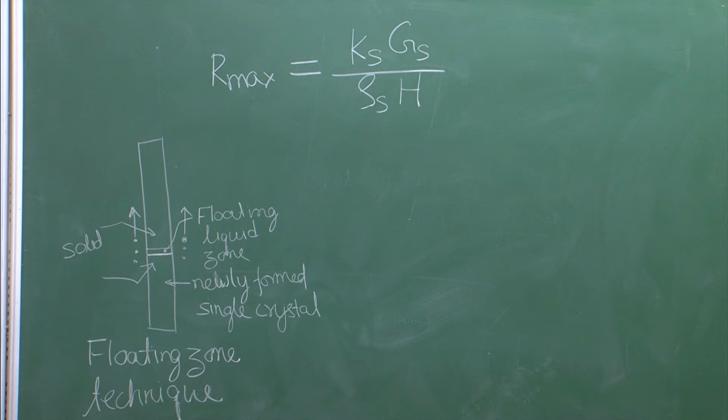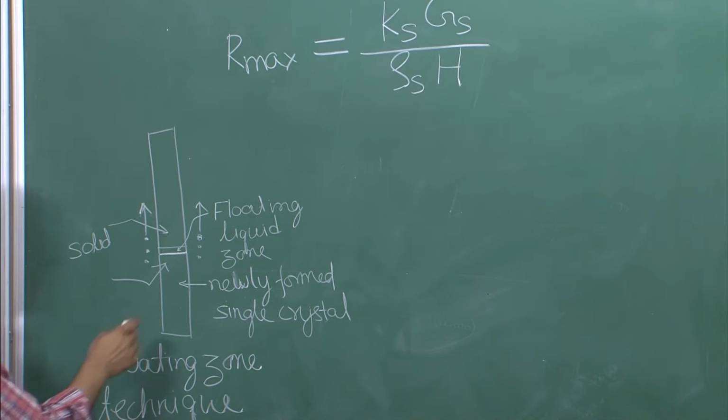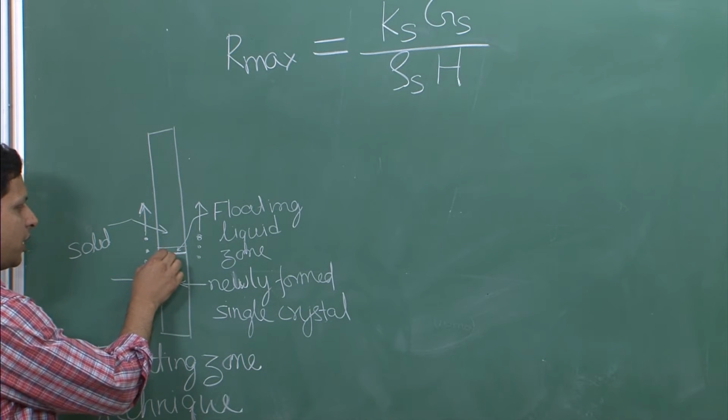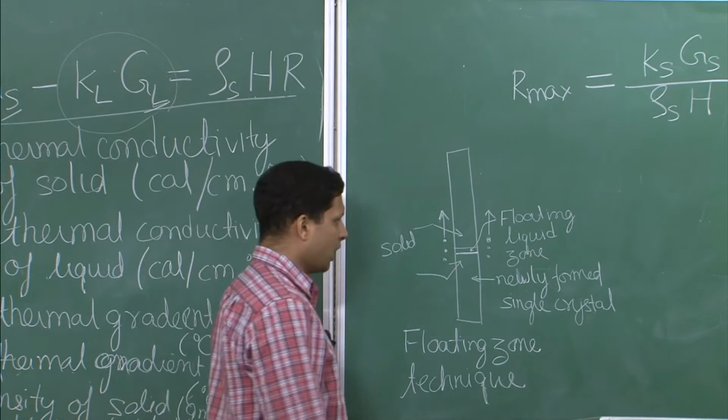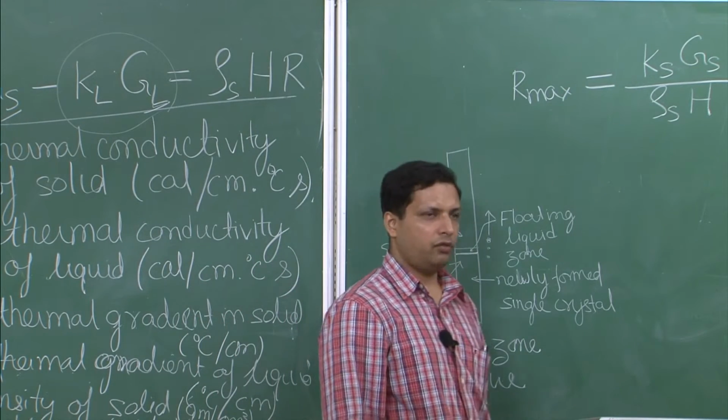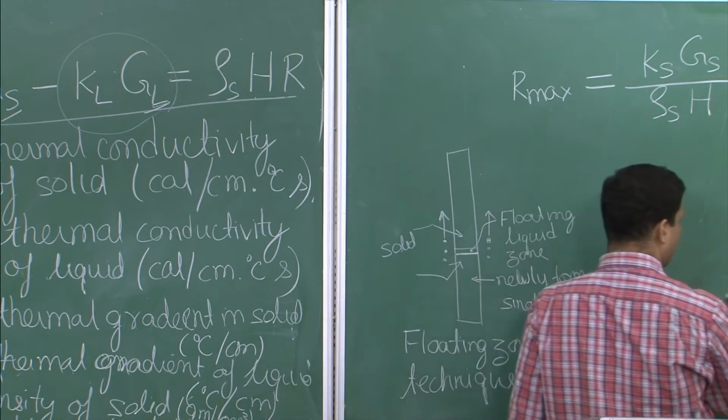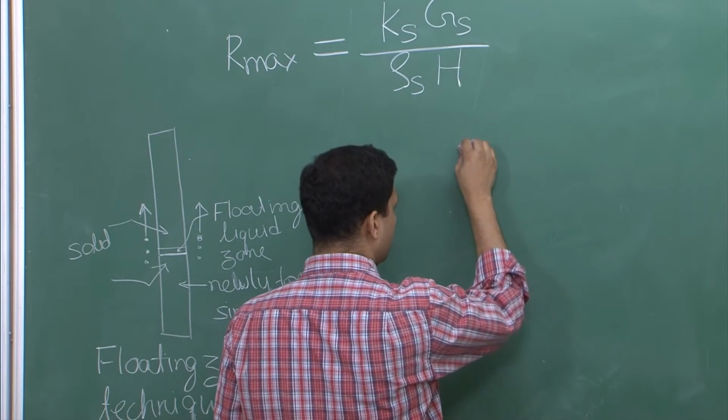So, you cannot move this at a very high rate. You have to make sure that it moves at a controlled rate, and that controlled rate is given by this equation.